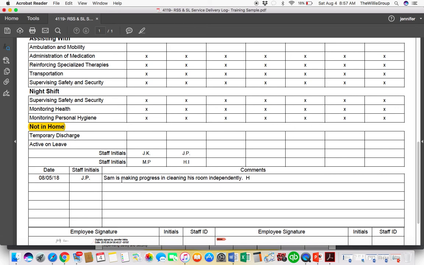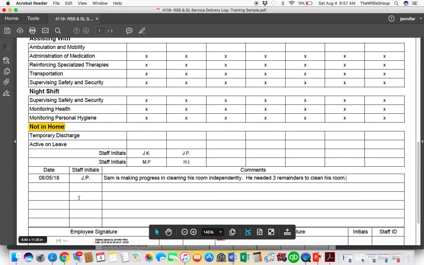You could say he has, or he needed 3 reminders to clean his room. Because we are measuring what their progress is.